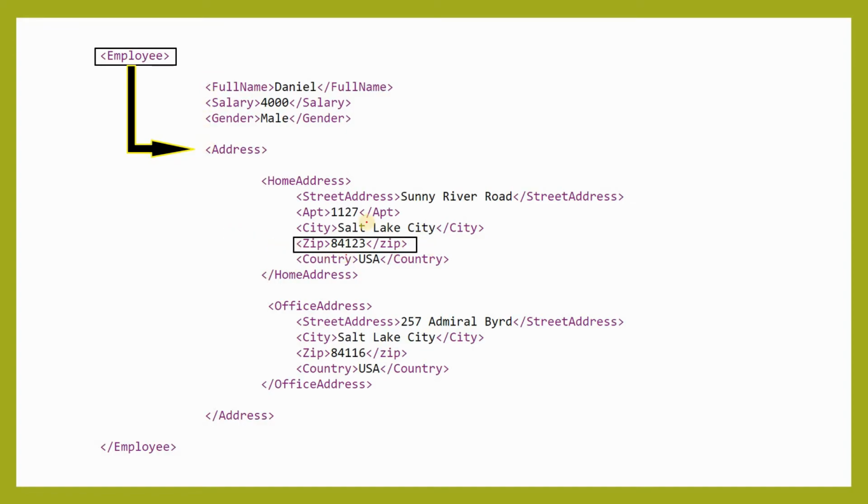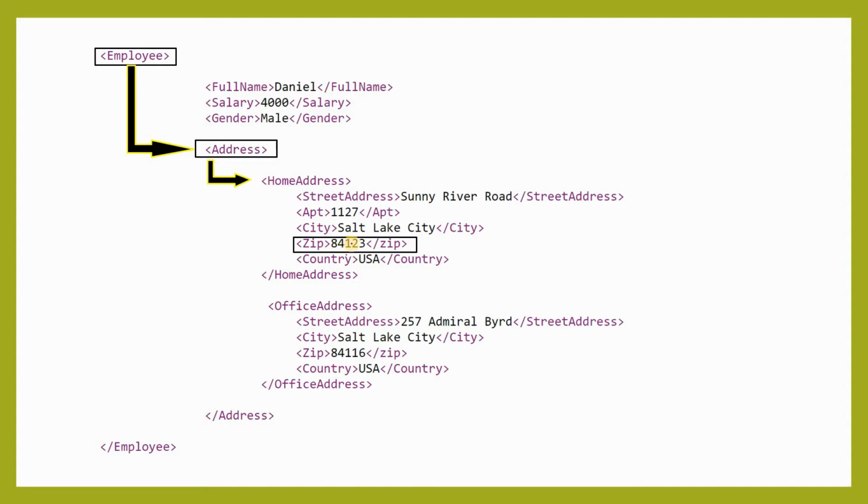But we have to get the zip code, right? So to get the zip code, under the employee, we will switch to the address node. Under the address node, we have home address and office address, both on the same level.